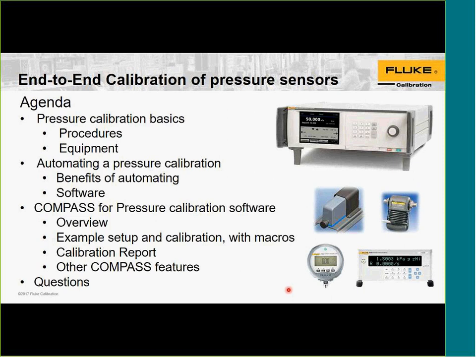We've done at least one like this in the past, with a similar title, and it's still available on our website. It's got the overview and the example of a Fluke pressure module being calibrated, and this one is similar to that, but what I really want to do is get into more details of macros.